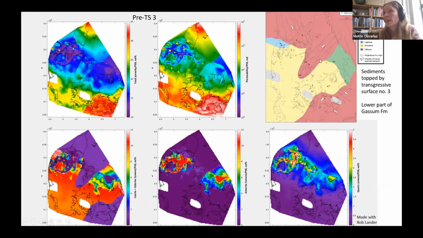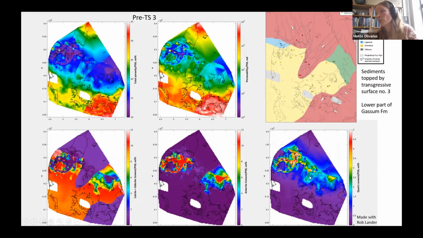So again, an example from this time slice. You can see the porosity and permeability estimates and how the different depositional environments really affect the reservoir properties. And for example, how much quartz precipitates with depth.